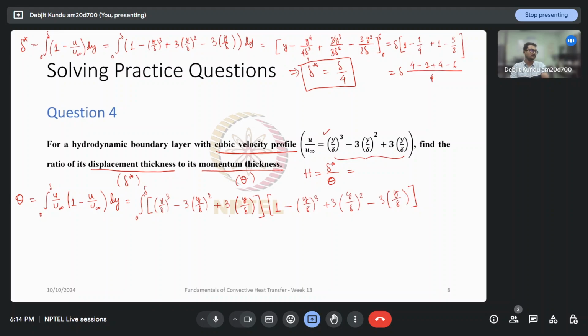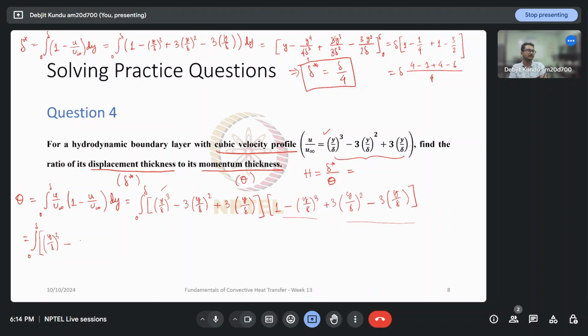So we have 3 multiplied by 4. So we should get 12 terms over here. Let's write them out carefully. So first we will multiply everything with y by delta cube. All these 4 terms with y by delta cube. Let's see what we get. So first will be y by delta cube, that is minus 1.